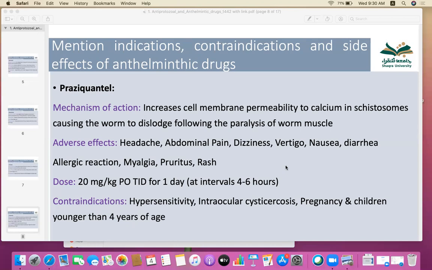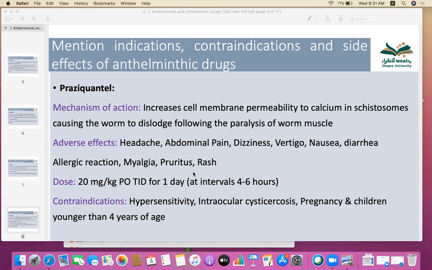If the worm's muscles are weakened, due to peristalsis movement of the intestine it is expelled from the body through feces.